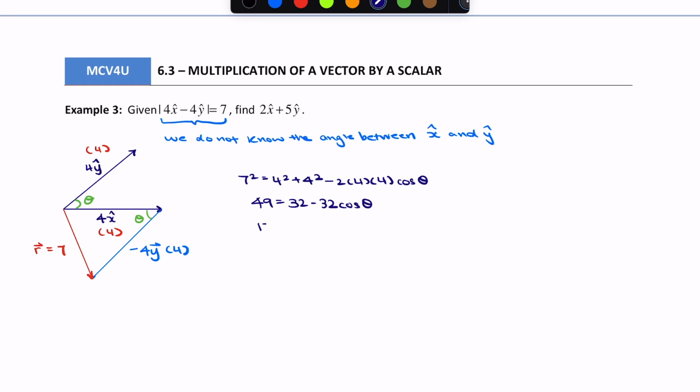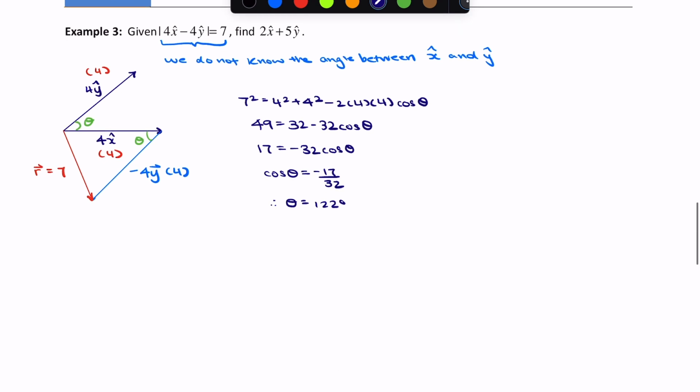So that 17 is equal to negative 32 cos theta. And cos theta is equal to negative 17 over 32. And therefore theta is equal to 122 degrees.